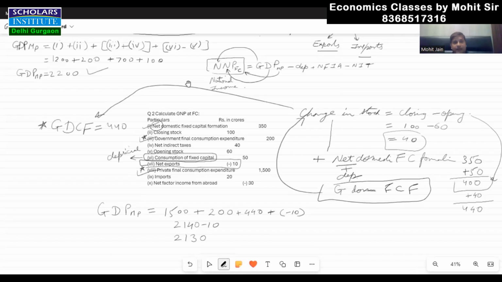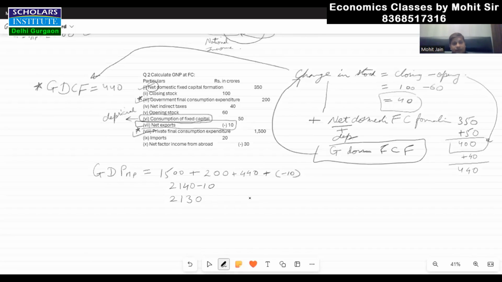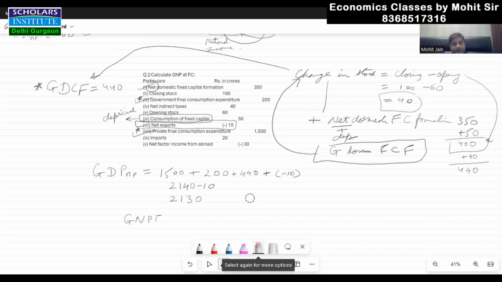Now this is GDP-MP. From GDP-MP, you have to go to GNP-FC. So what we need to find is GNP-FC.